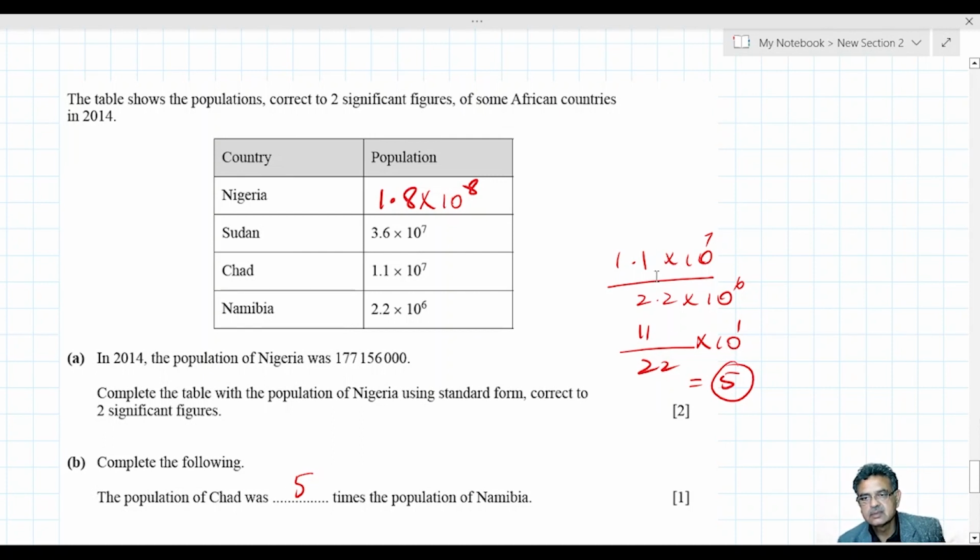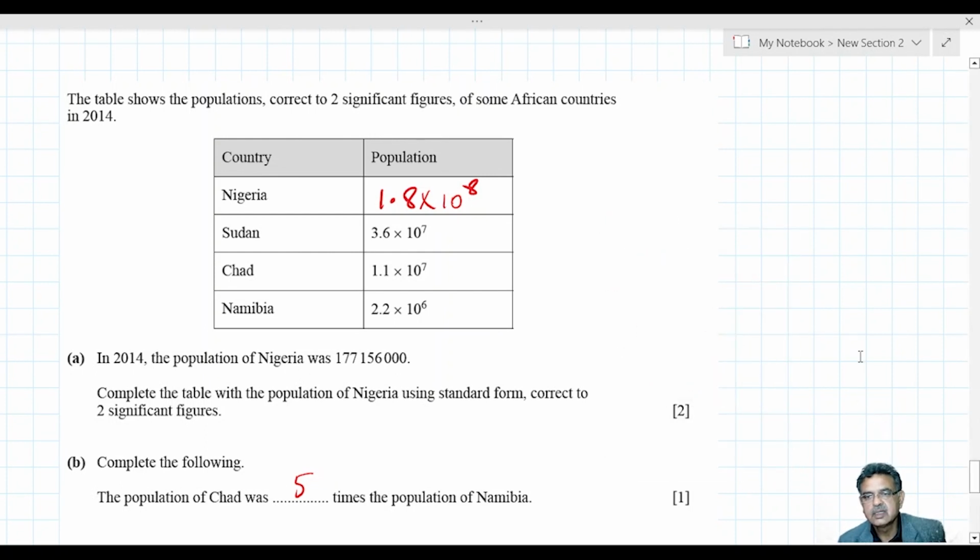I think it is not that complicated to understand, but I do it again. Look, when it is asked how many times, that means what number multiplied by this makes this. Apparently this is 1.1 and this is 2.2, so 2.2 should be larger. But we have to decide by power. The one which has the larger power has more population.